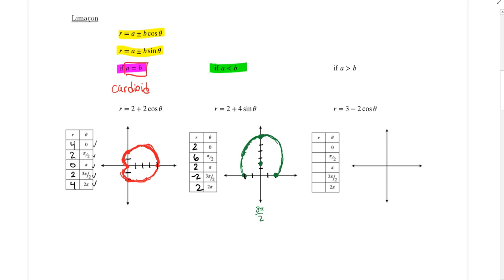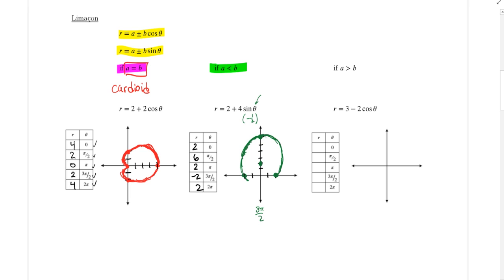And here is where a few more angles would actually be very helpful. For instance, any angle that you plug in there that makes sine equal to negative 1/2 will give you an idea of where this thing will cross the pole, where it'll be 0.